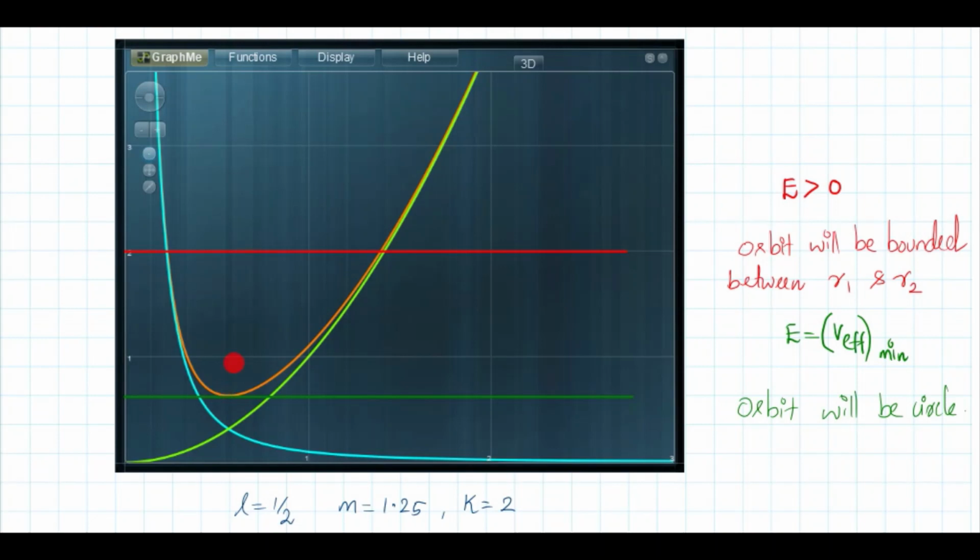For any higher energy value, the motion will have two bounds. There is a lower bound, there is an upper bound. Particle can never go beyond this r value, and below this r value. So motion will have two bounds, and energy values below this green are not physically possible. For any positive energy above this green line, the orbits will be bounded.